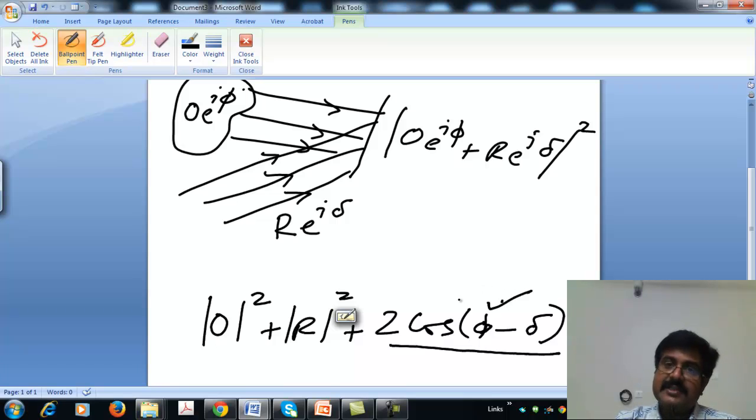But in the previous case, what happens? This phase information is lost. Now, with the help of superposing the object wave with the reference wave, we are able to record the phase information of the object wave as a fringe modulation.